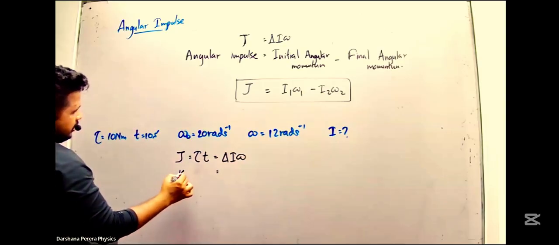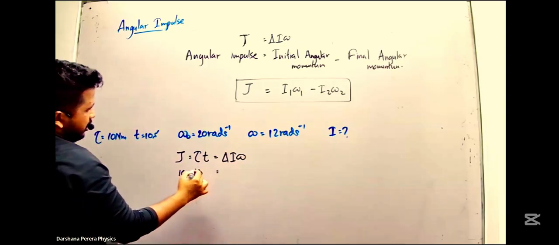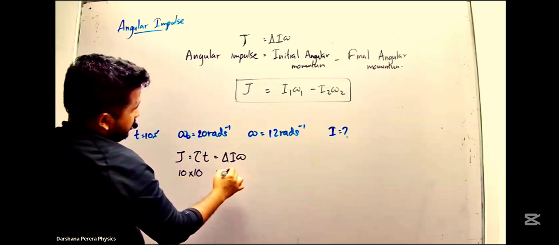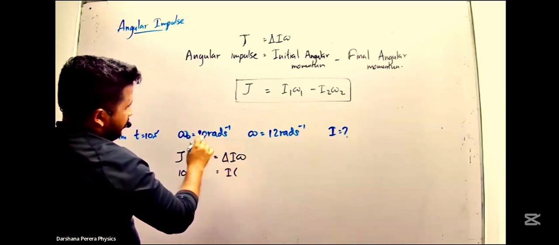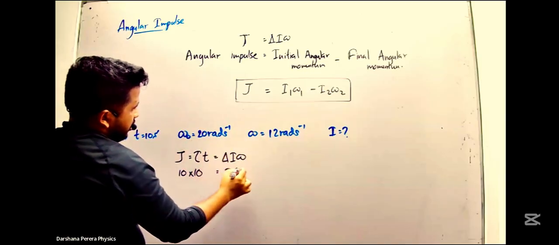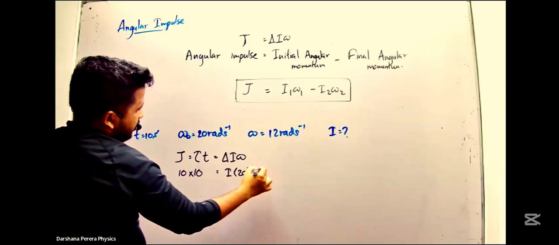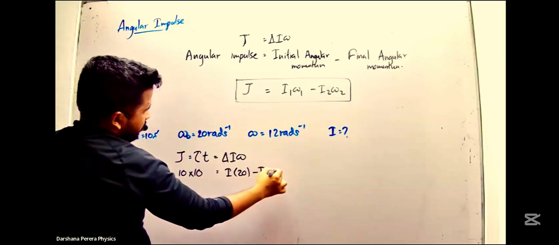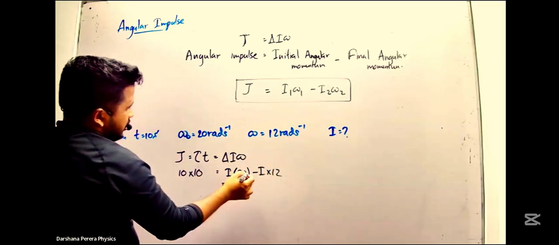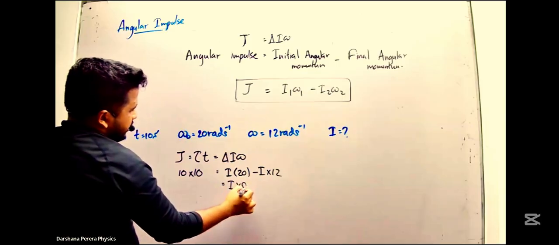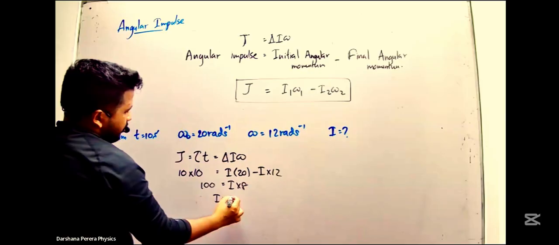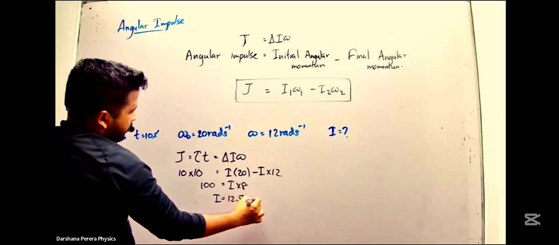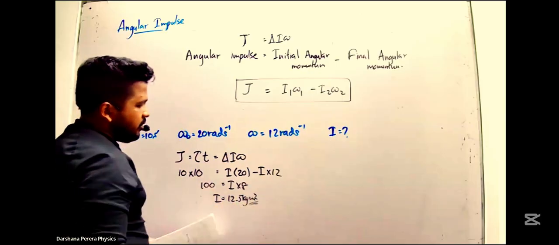Tau t means 10 into 10 equals I omega 1, I into 20, minus I into 12. That means I into 8. 100 over 8, I equals 12.5 kg m square. That's the answer.